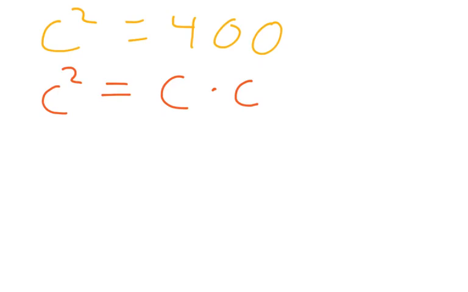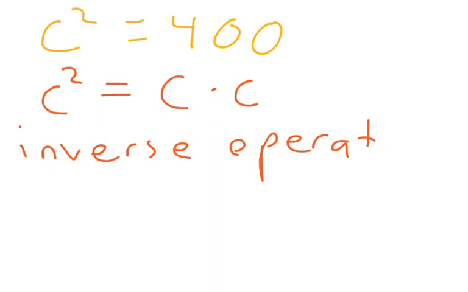is me saying that, hey, c times itself equals c squared. And so in algebra, if you want to figure out what a letter is by itself, you have to do inverse operations. And all that means is that you're just doing the opposite kind of math. So if you were multiplying, you'd do the opposite and you would divide. If you were adding, you'd do the opposite and you would subtract.